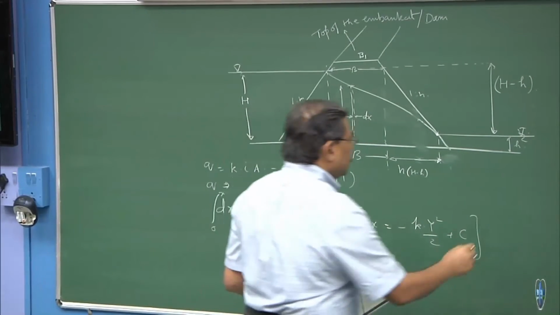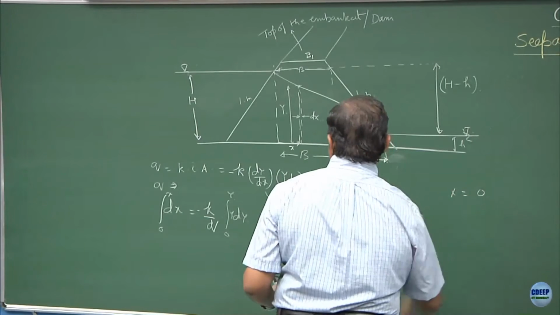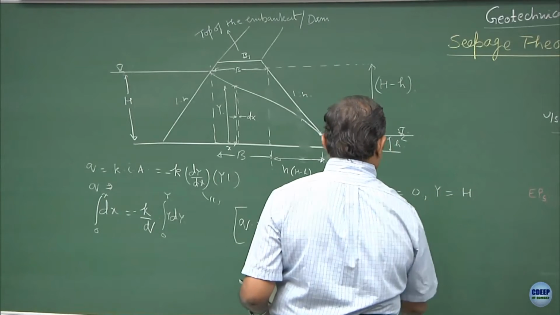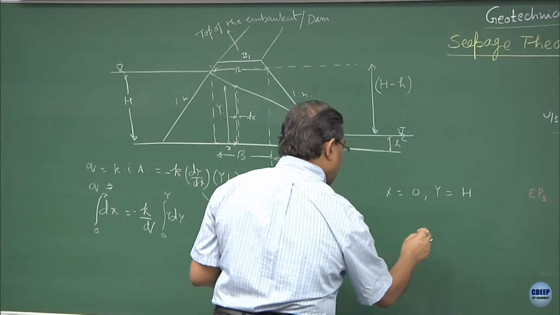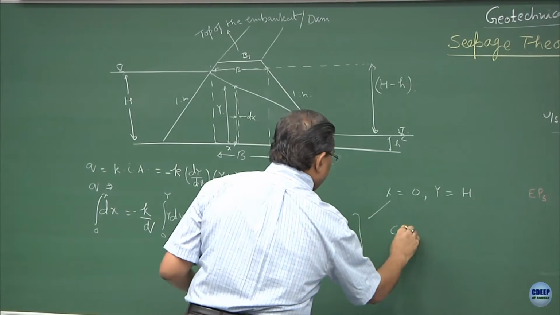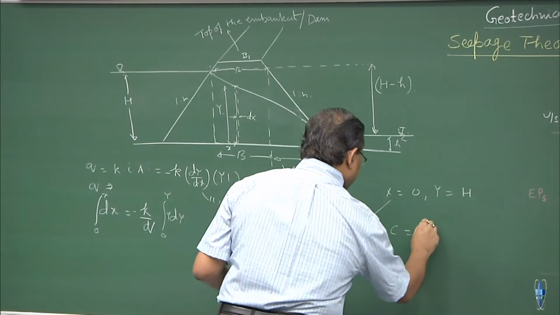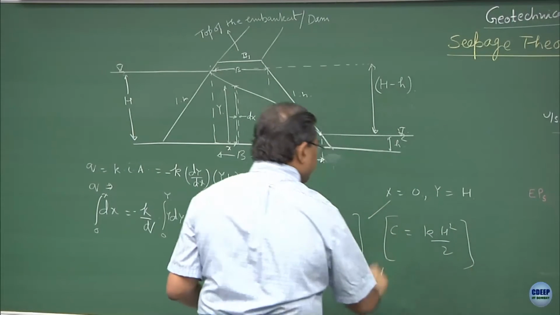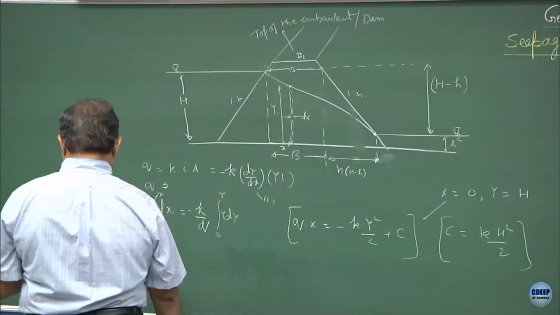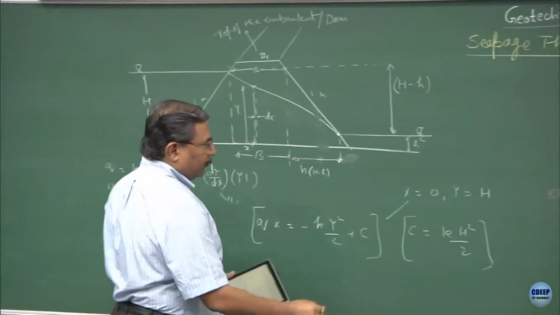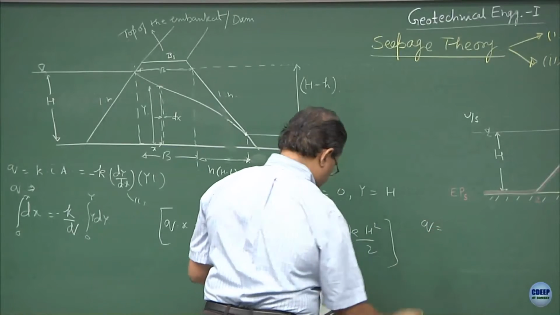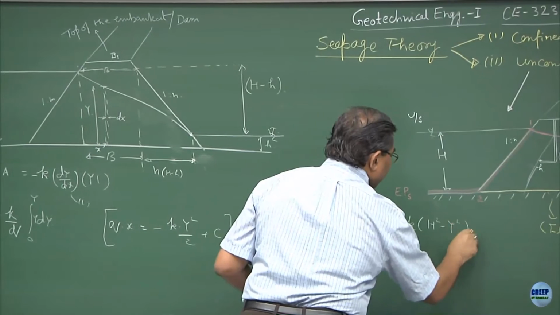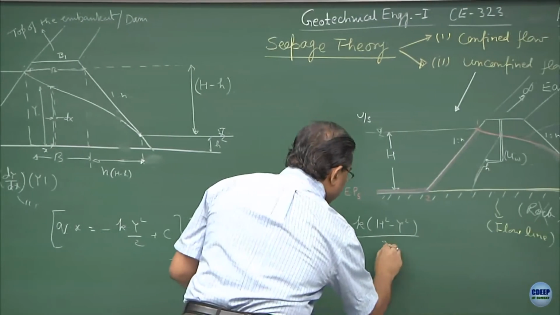Substitute the boundary conditions, x equal to 0, y is equal to h, and I get c equal to k into h square by 2, and hence q will be equal to k times h square minus y square upon 2x.